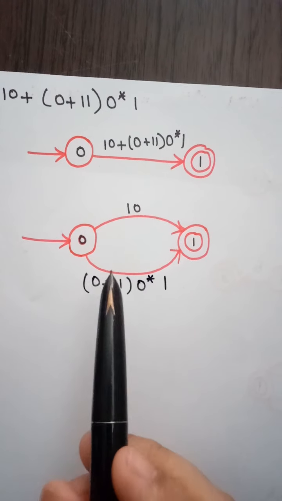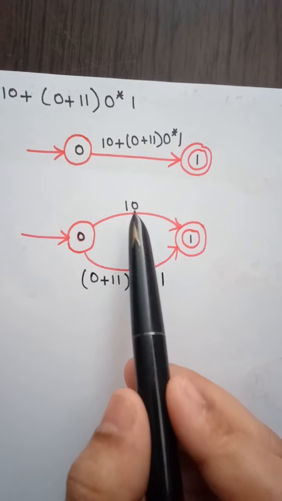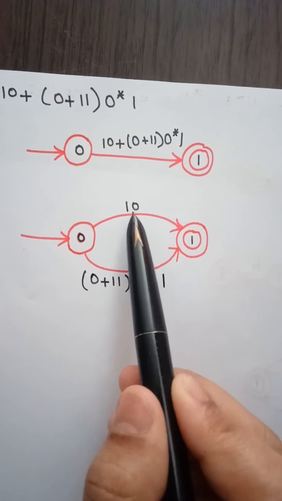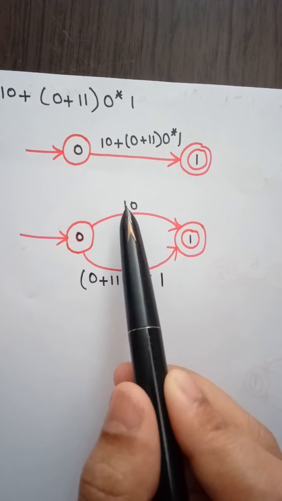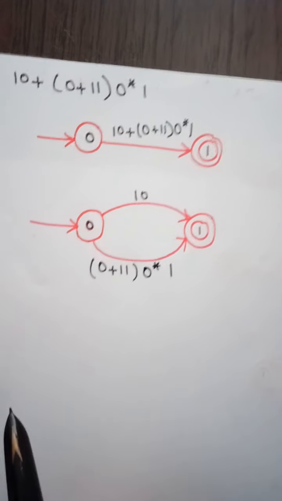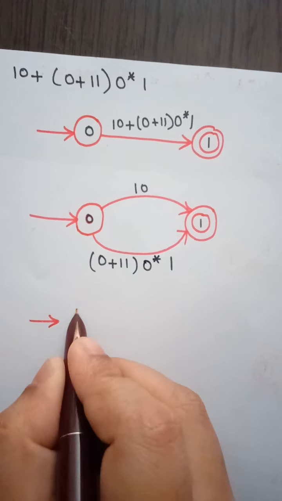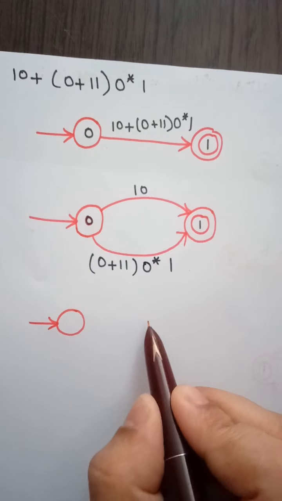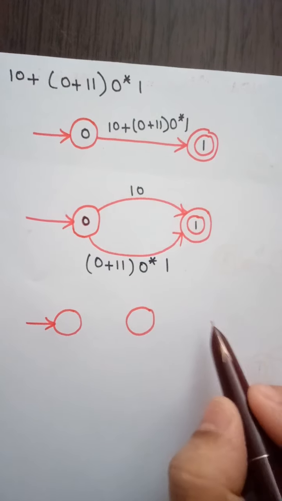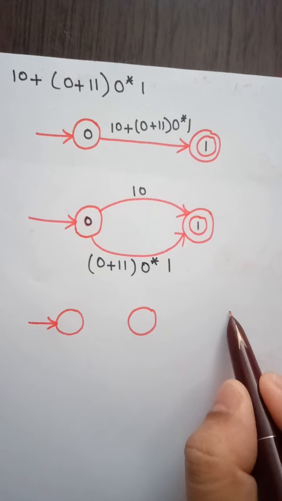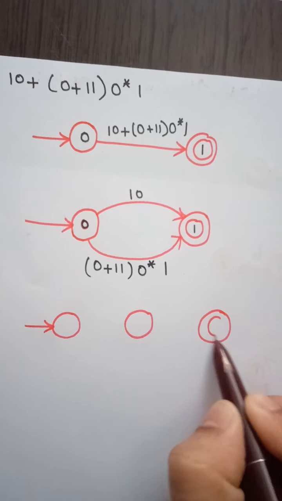Now again, what we have to do is split these two. Here it is concatenation, so we are trying to split these two. How can we split this? Let this be one state. Since this is concatenation, in between we are getting one more state.